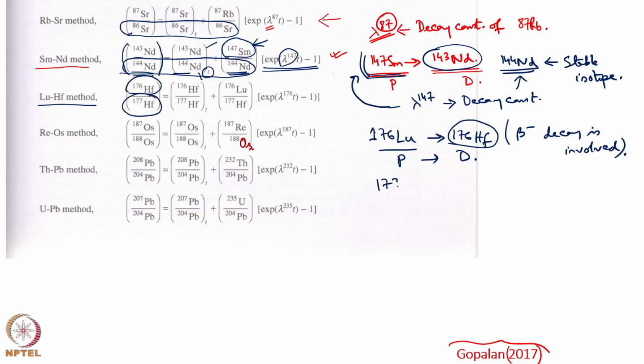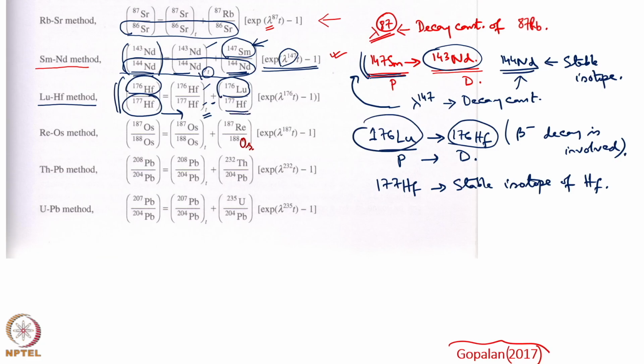Here 177 Hf is the stable isotope of Hf, and it is equal to, the same thing written at instant t, 176 Hf by 177 Hf plus then the parent, which is 176 Lu divided by 177 Hf, times e to the power lambda t minus 1.